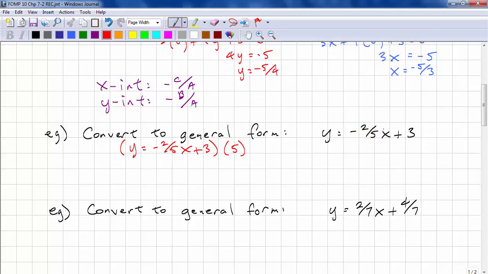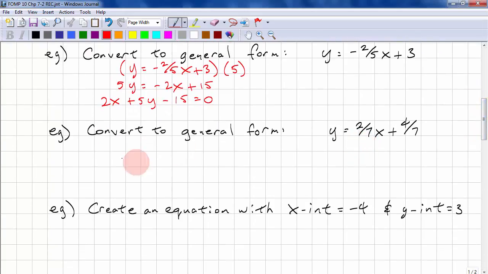That way we don't have any fractions. So we have 5y equals negative 2x plus 15. Now it's simply a matter of moving everything over to this side because we want the positive x. So 2x plus 5y, and this becomes negative, equals 0.